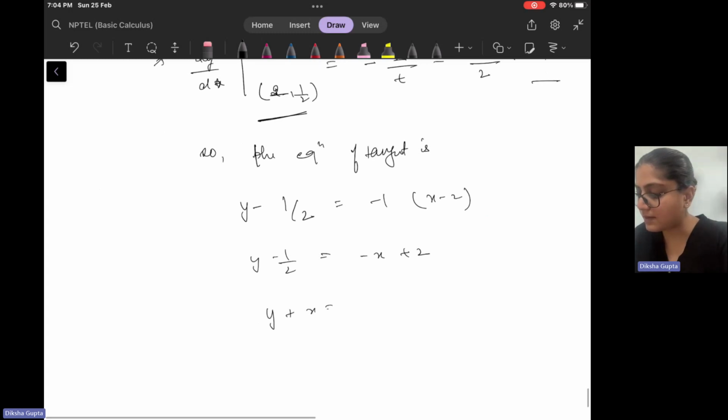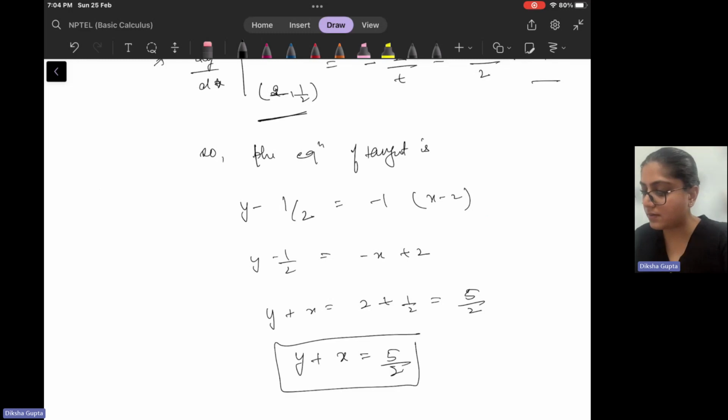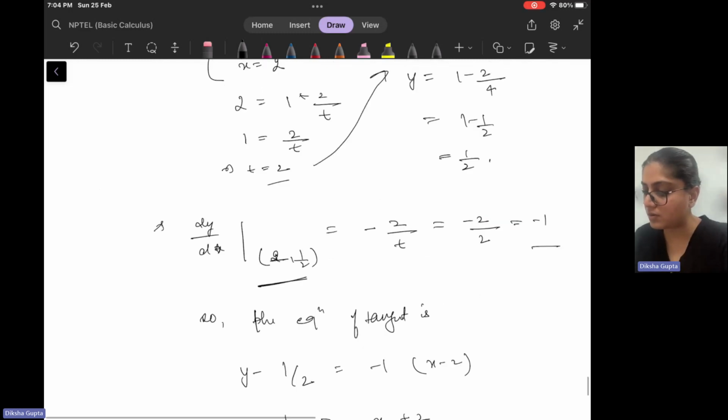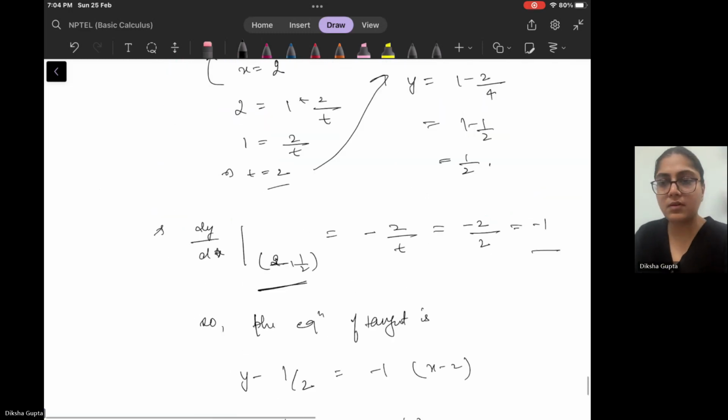So y plus x equals 2 plus 1 by 2 equals 5 by 2. Right? So the equation of the tangent at the point (2, 1/2) is y plus x equals 5 by 2. So it is option C. Right? I hope all these questions were clear to you guys.